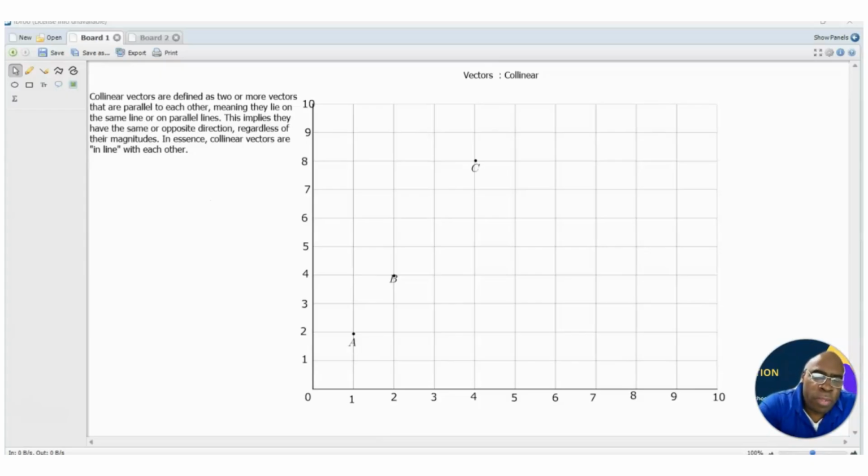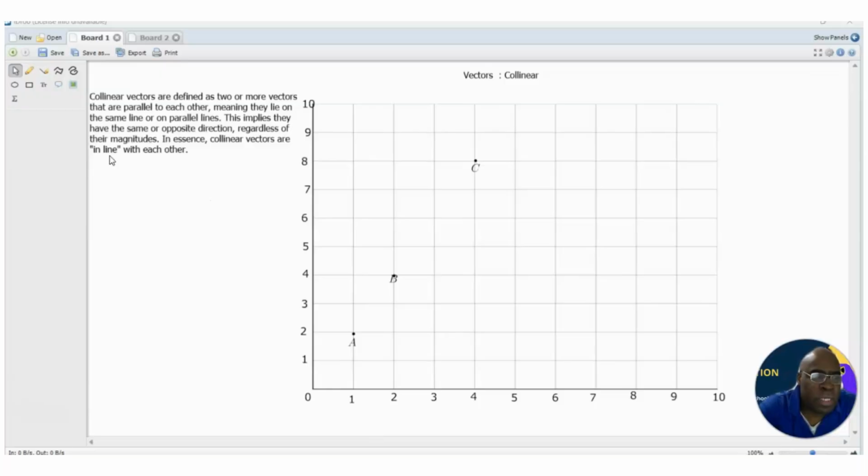Now, the concept that we're going to look at today in vectors is collinear. First, we need to understand what is meant by the term collinear in the context of vectors.